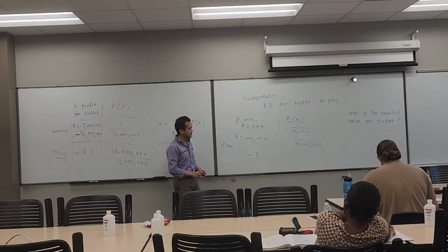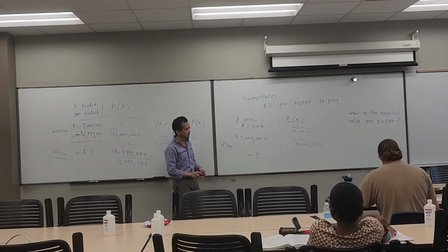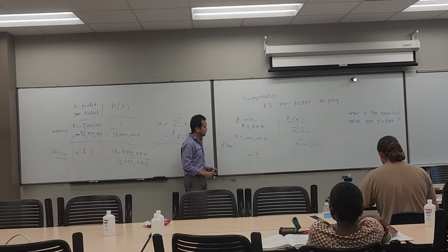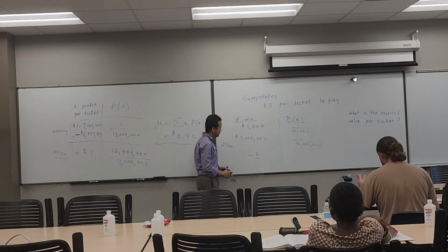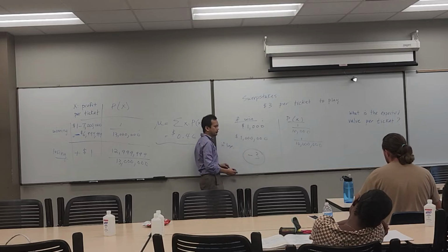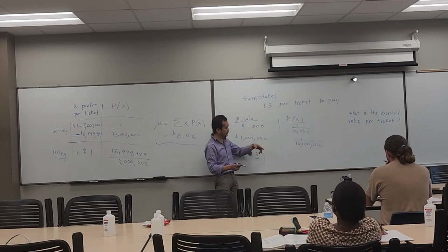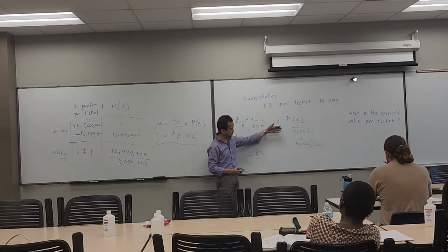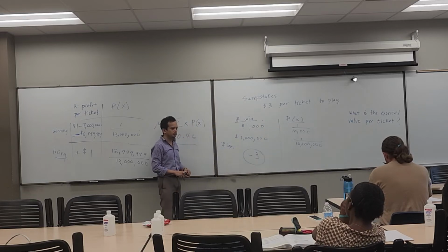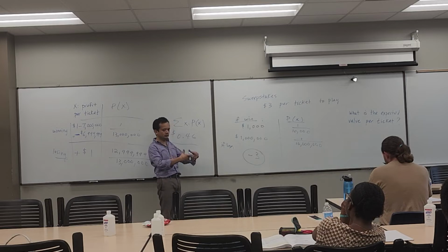For the $1,000 it's 9,999 over 10,000, and for the $1 million, it's 999,999 over 10 million. Well, what's the probability that we just lose $3? You're on the right track. How do we account for those two different probabilities that you just mentioned? How do we condense that into one number?